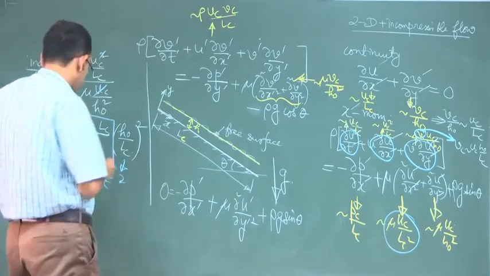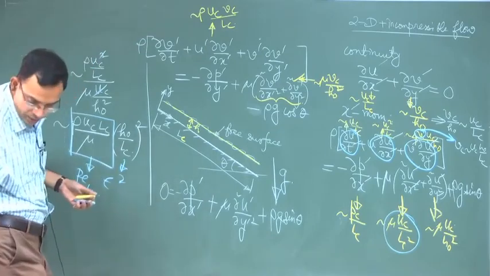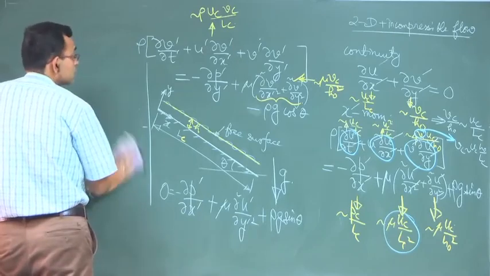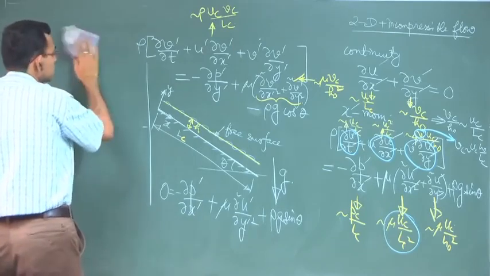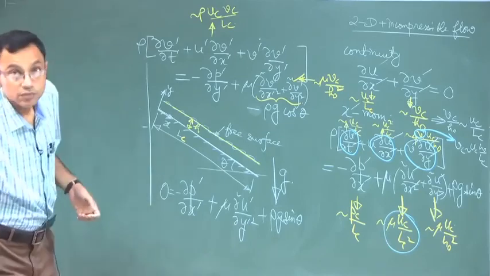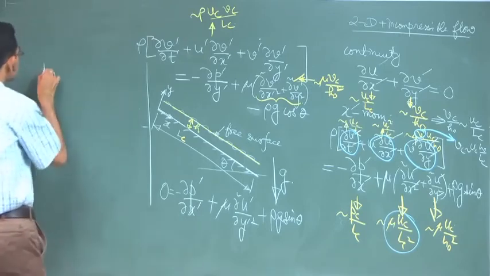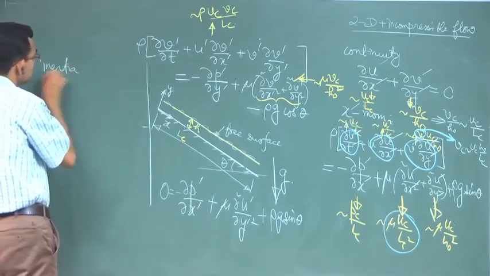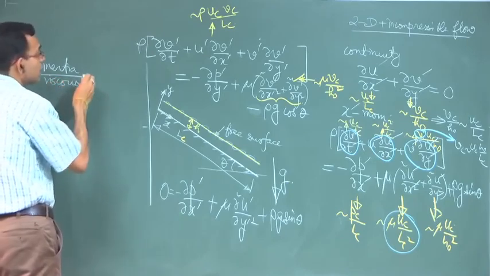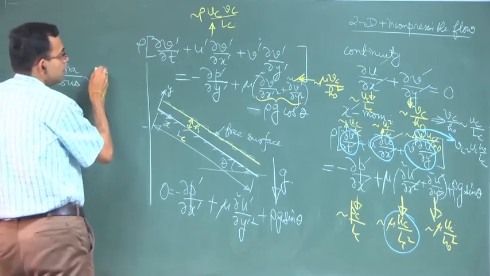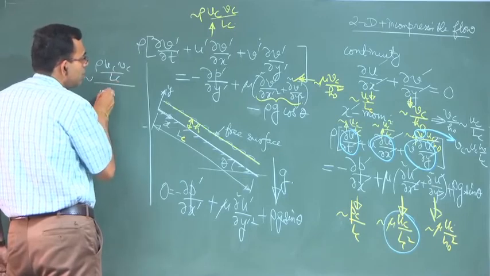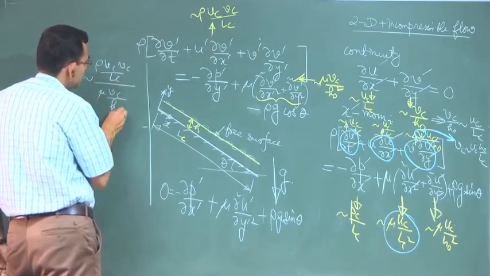So, inertia by viscous for y momentum is of the order of rho Uc Vc by Lc divided by mu Vc by H naught square.